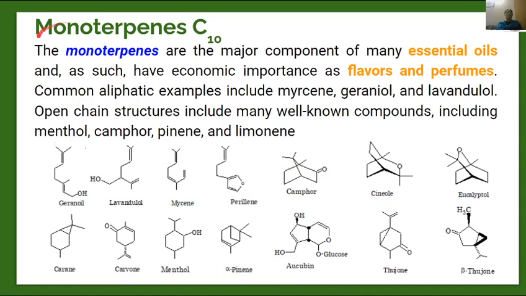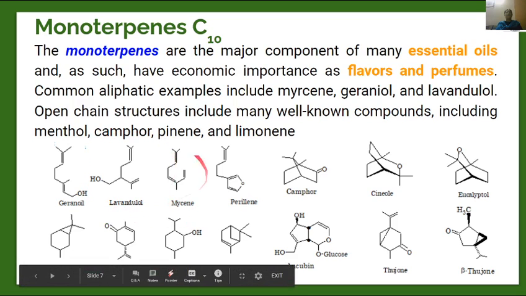Next we have monoterpenes, which are C10 moieties. Monoterpenes are the major component of many essential oils of economic importance in flavors and perfumes. Common aliphatic examples include myrcene, geraniol, and lavandulol. Cyclic structures include many well-known compounds such as menthol, camphor, pinene, and limonene. The C10 moiety is formed by the combination of two C5 isoprene units.